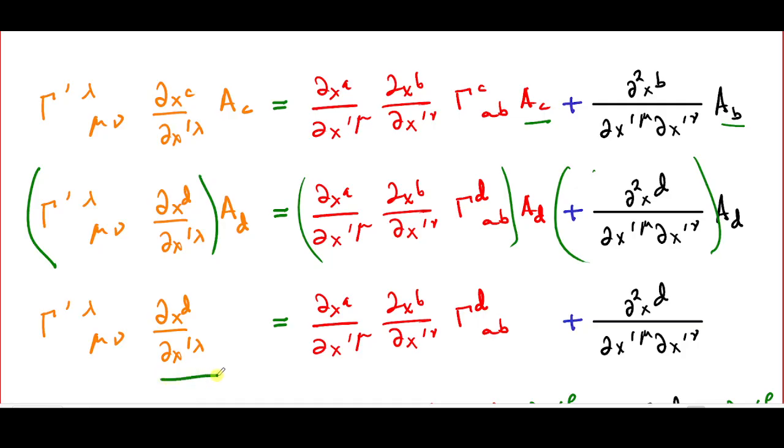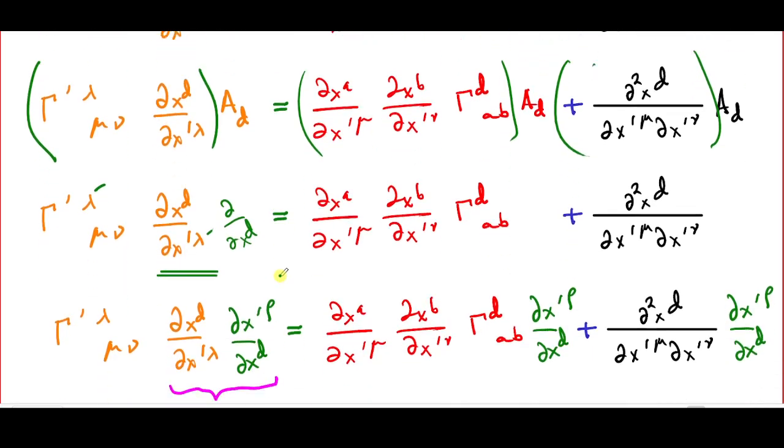The next step would be trying to get rid of this. And once again, all we have to do is multiply by the appropriate partial derivative and sum up. But the summing up is where we have to be careful. Lambda is already spoken for here. It's a dummy index. D is a free index. So what we need to do is multiply this by del xd of something.